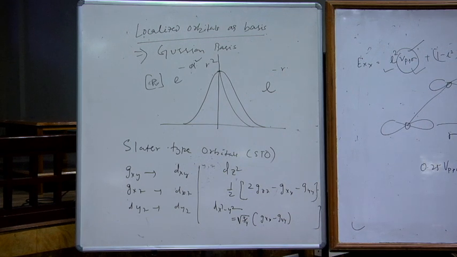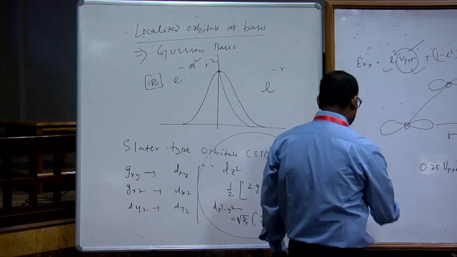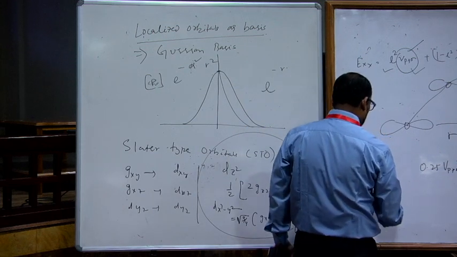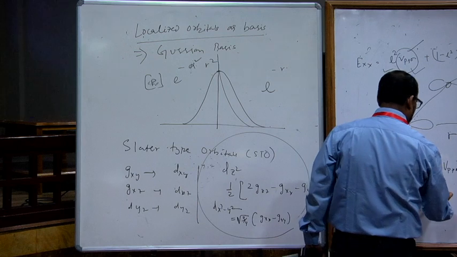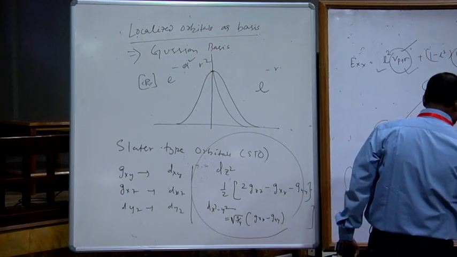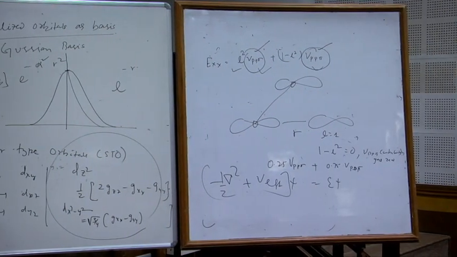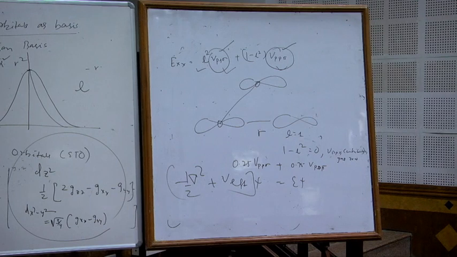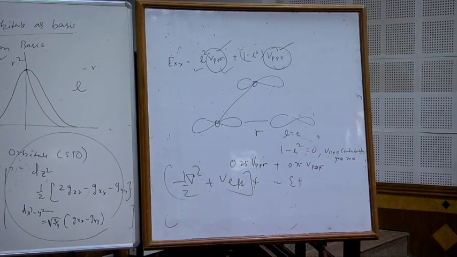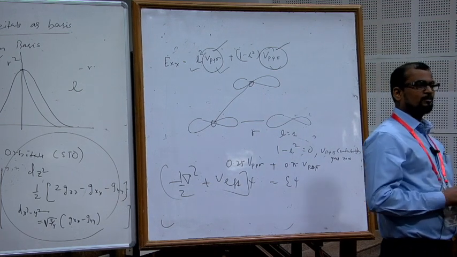Now you take these as the basis set, inject them into your Gaussian equation, and get the solution. Then there are many other basis sets, numerical basis and some other stuff which I am not touching upon.